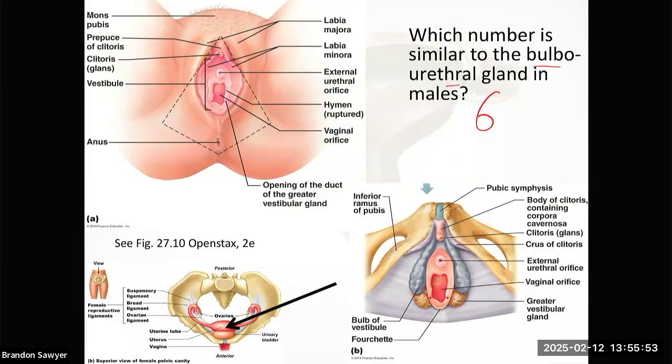So one thing that I think is important to point out is the setup of the anatomy here. If we look at this bird's eye view, superior view of where the ovaries sit, where the uterus sits in relation to the bladder and the pelvis, you can see the bladder is pretty much smashed between the uterus and the pubic symphysis, right?